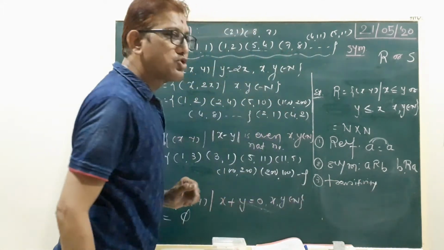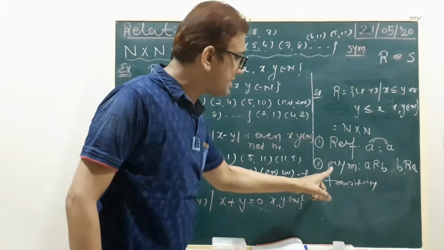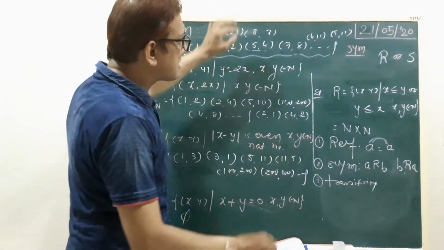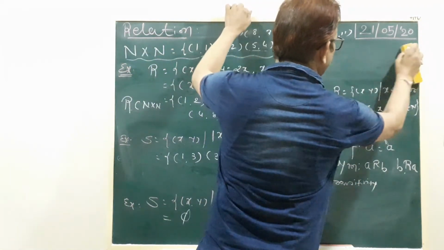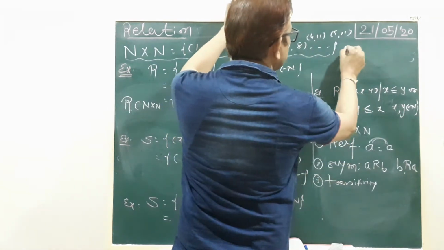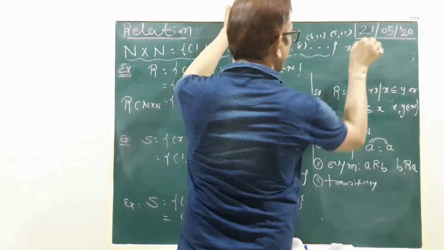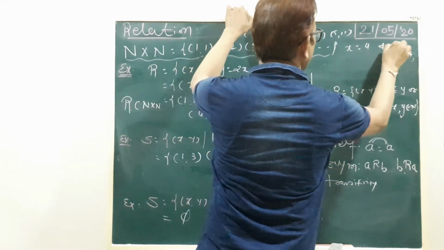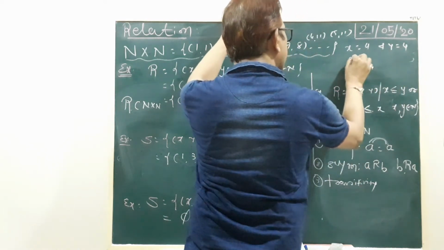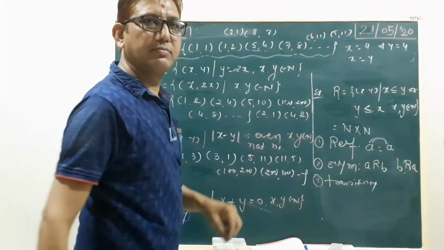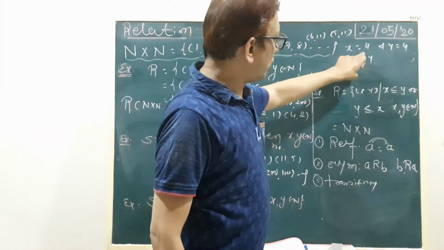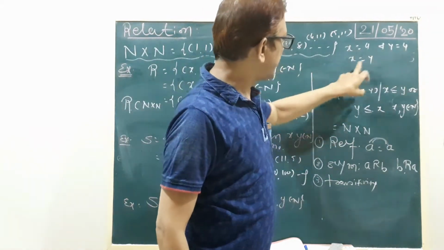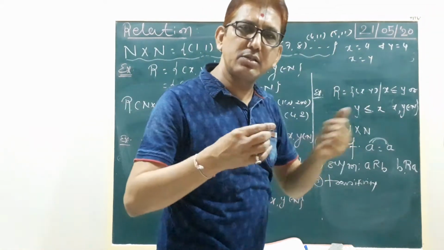Transitivity. Given an example, suppose x equal to 4 and y equal to 4. So you can write x equal to y also.